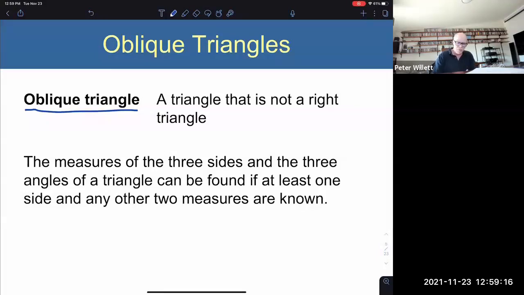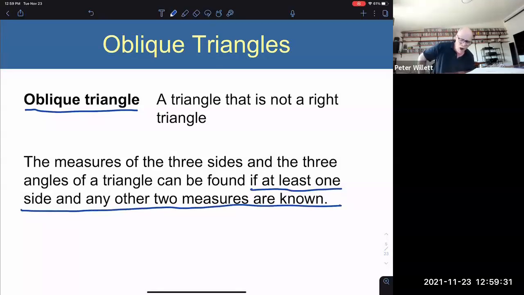So the measures of the three sides and the three angles of the triangle can be found if at least one side and any two other measures, either angles or sides, are known. Any two measures are known.